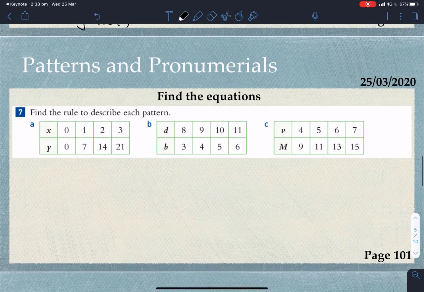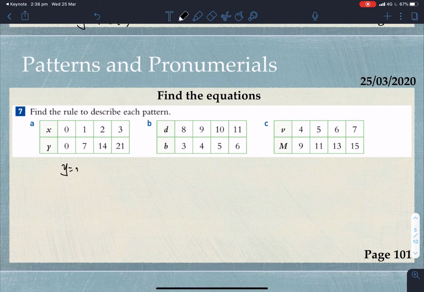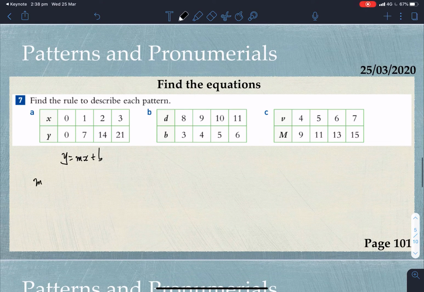Okay, so let's see here. y equals mx plus b. So to find m, we need to know this is x1. The top is x. So x2, y1, y2. Is it x2 minus x1?